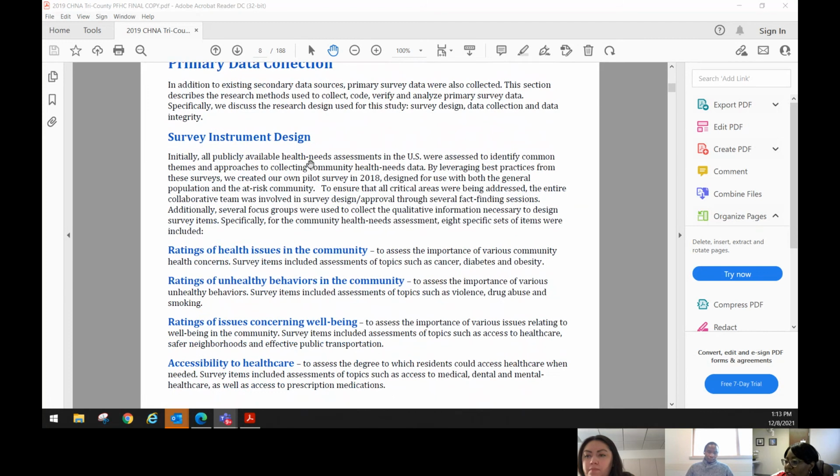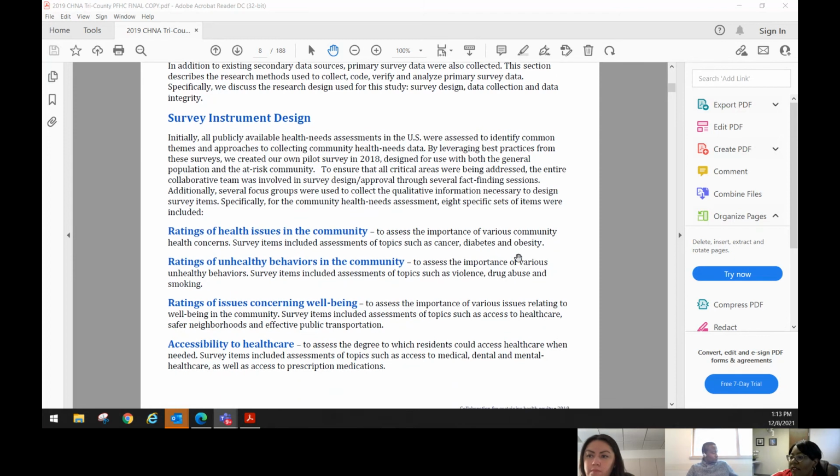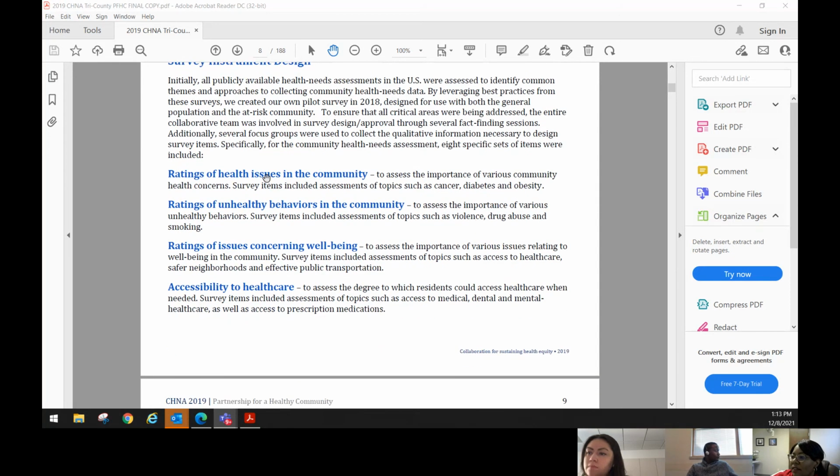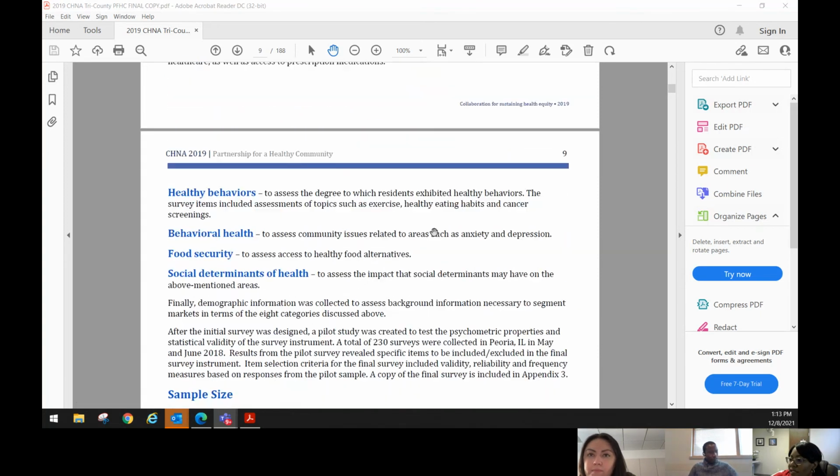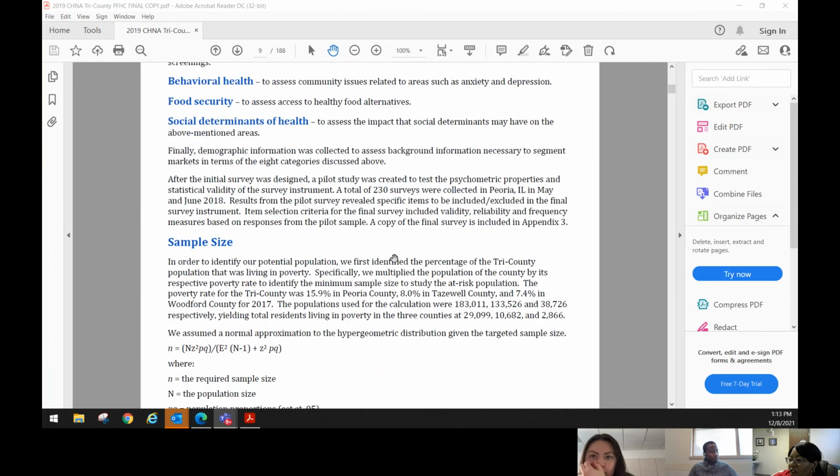Like I said, there's a survey. It's a validated survey. So there's a survey instrument design. And these are the components of it: the ratings for health issues, unhealthy behaviors, well-being, access to health care. So you all can look at that.